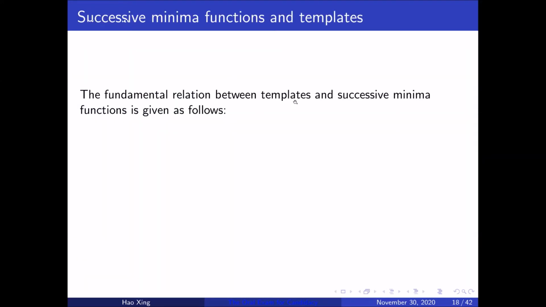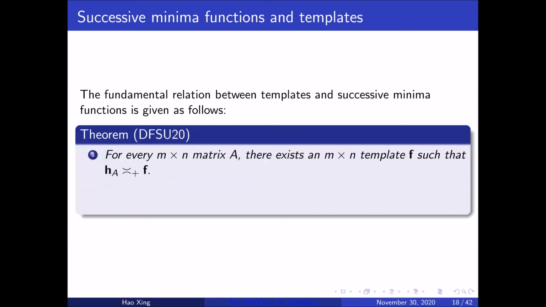There's a fundamental relation between the templates and the successive minima functions, given by the following theorem in the DFSU paper. So first, for every m by n matrix A, we automatically have a successive minima function with respect to A. And the theorem says there always exists a template such that their difference is bounded by a constant.